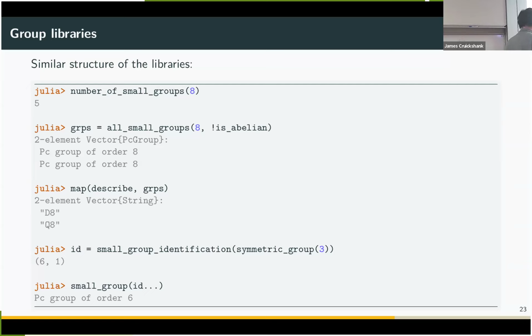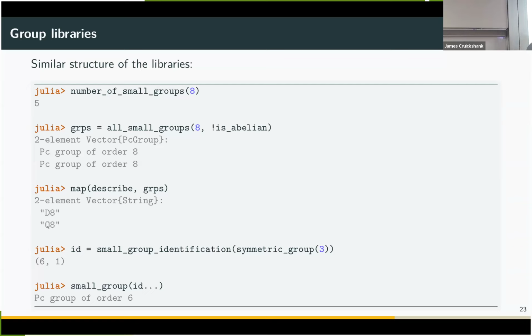Another function which is usually available for these libraries, and is very important and very useful, is identification. So if a group can be found in the library, then it has a unique identifier, a unique label. For example, the symmetric group on 3 points has the identifier 6,1, so it's the first group of order 6 in this library.